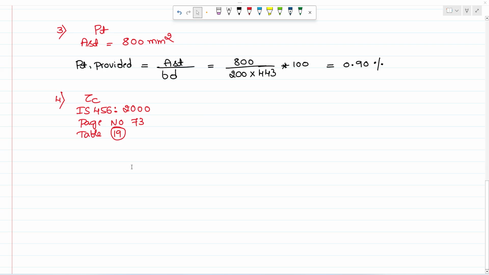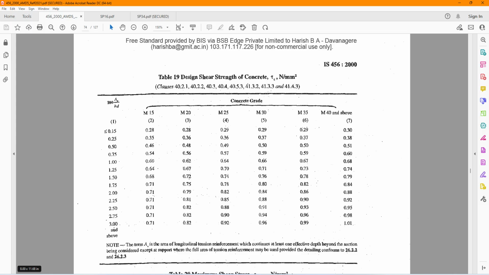So tau C is nothing but the design shear strength of concrete. You have M25 grade concrete and you know the PT.